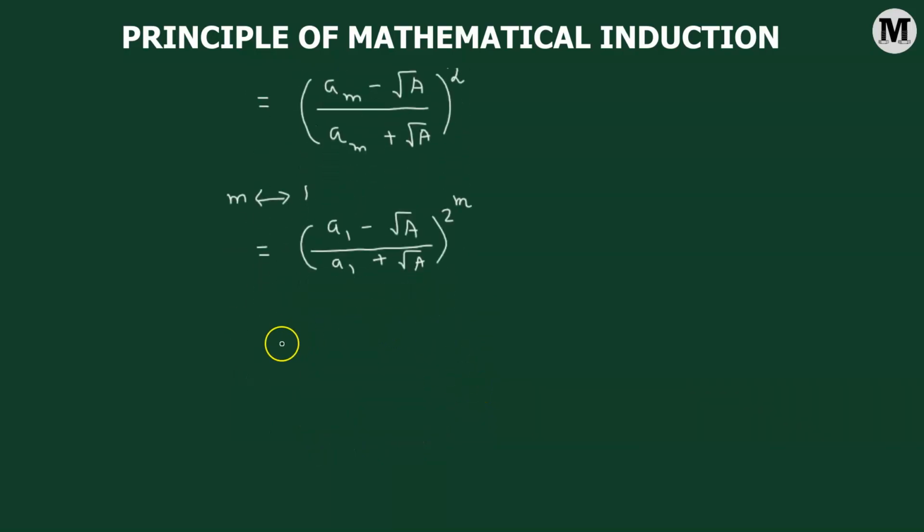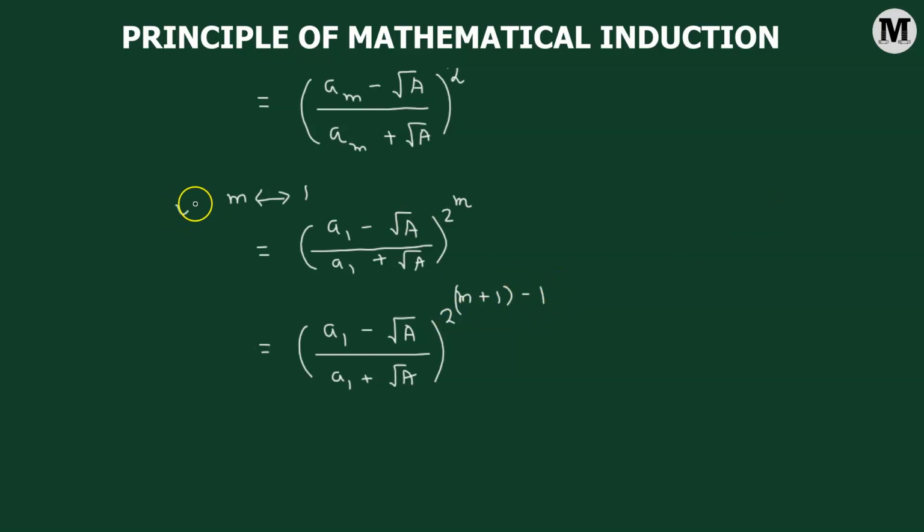And we are almost done. So now we have a 1 minus square root of a divided by a 1 plus square root of a, whole raised to the power of 2 raised to the power of m, but we can rewrite m as m plus 1 minus 1, and it means exactly the same thing.